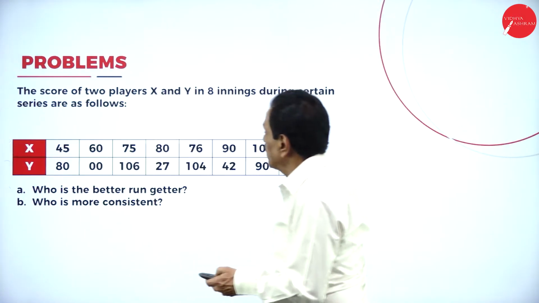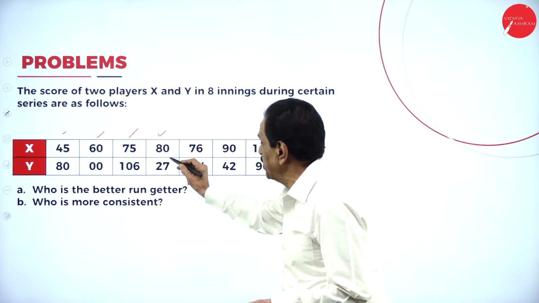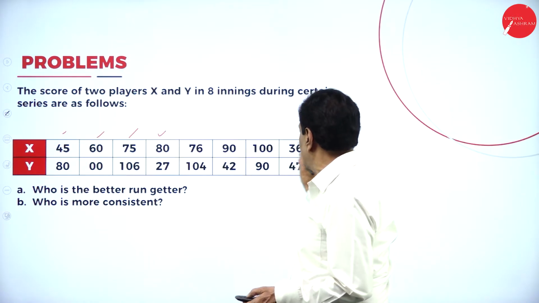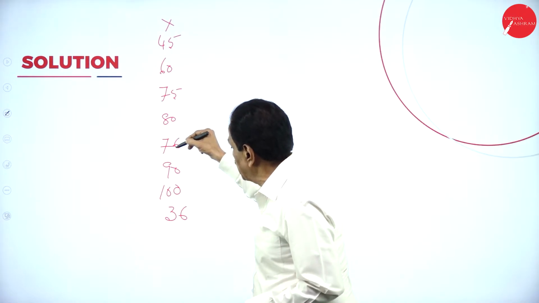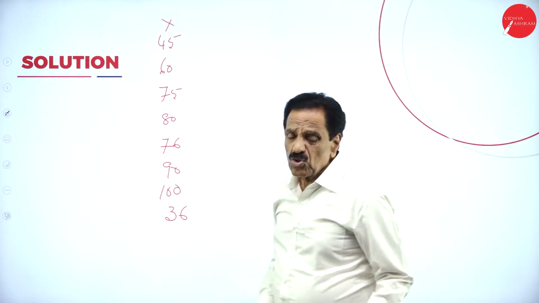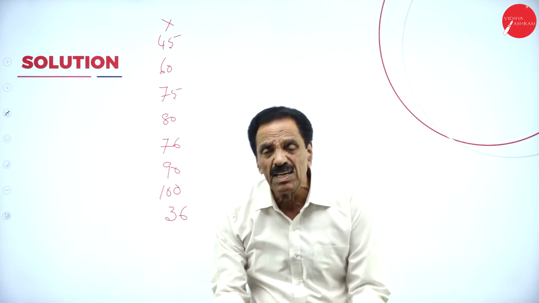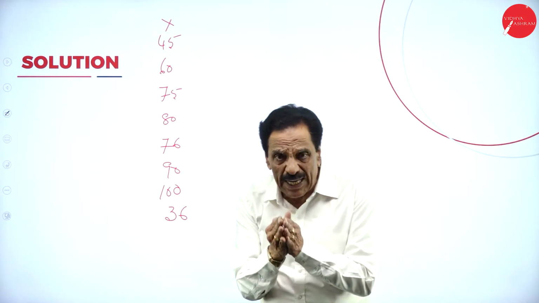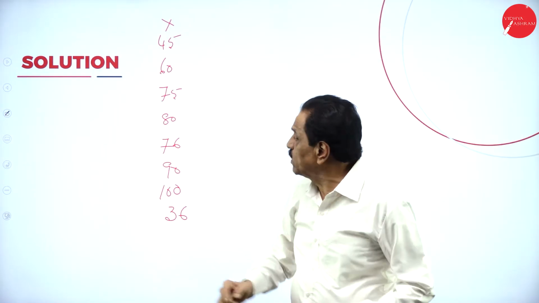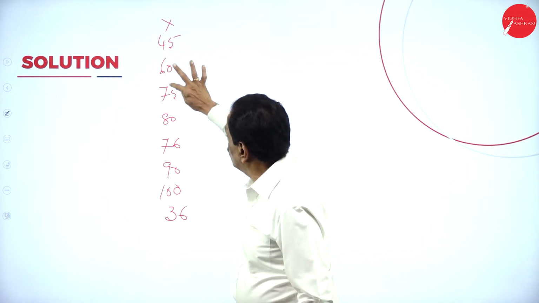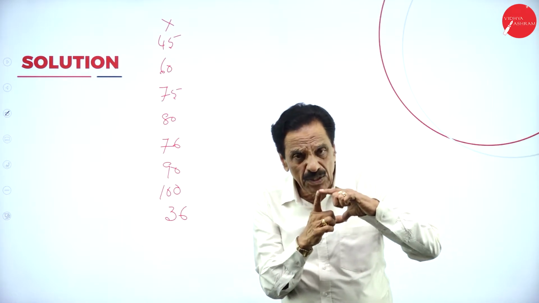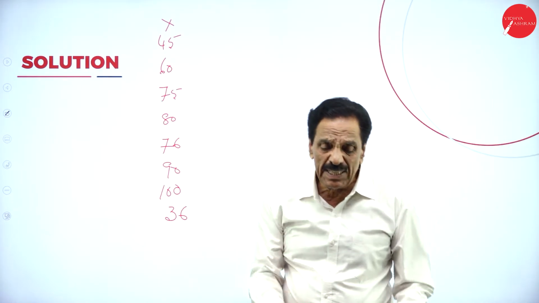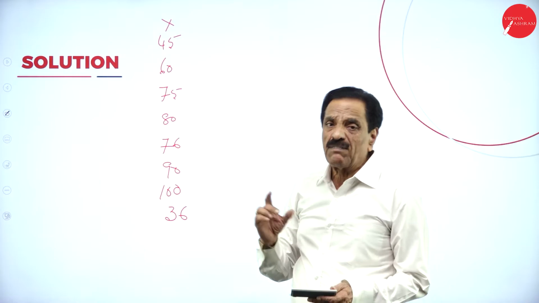We'll repeat: 45, 60, 75, 80, 76, 90, 136. What's the procedure for individual data? Individual numbers should be added and divided by the number of terms. How many terms are there? 1, 2, 3, 4, 5, 6, 7, 8 terms. So when you take the total divided by 8, that is the mean or average.